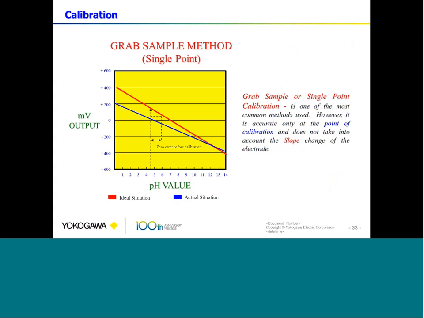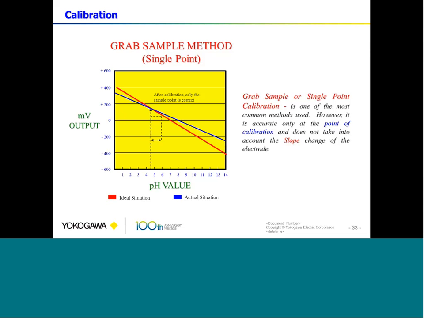Calibration. I'm sure most of you that work with pH loops have done a grab sample calibration. All you're really doing there is calibrating for the reference side of the electrode, or the zero side. The perfect red line there is that slope of 59.16 millivolts that Mr. Nernst put together for us.